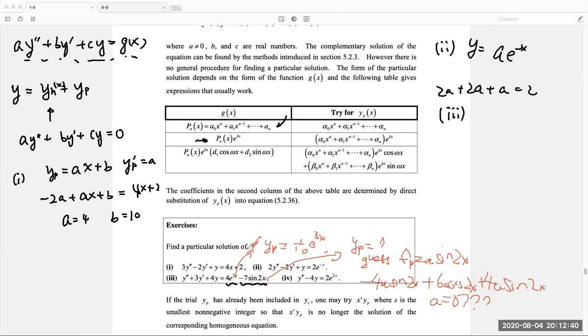I don't know what I did wrong for the sine 2x solution. So for sine 2x, haha, this is the most special part. So you may look at this passage.